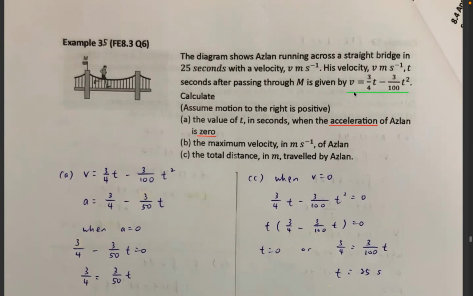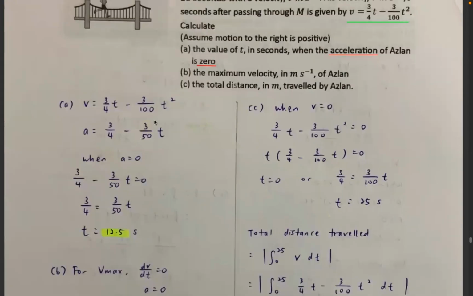So we are given the velocity function and the question mentions acceleration. So first of all, let's do differentiation to get acceleration. Then the question mentions a equals 0, so we let 3/4 minus 3/50 t equal 0. Then we have t equals 12.5 seconds.